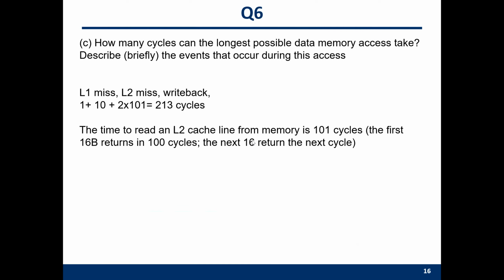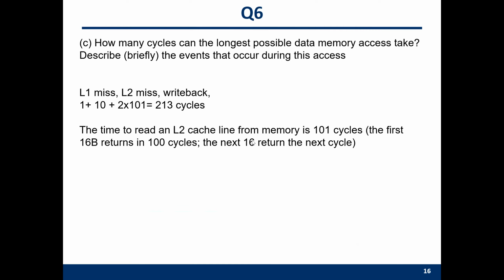So you have a miss in the L1, and then a miss in the L2. The first miss is indicated by the 1, and the second miss by the 10. After you find out you have a miss in the L2, you want to access the main memory, read a piece of data from it, and then store that data in the L2, so that for another request on this data you can read it directly from the L2.